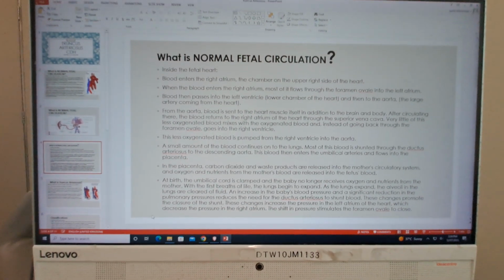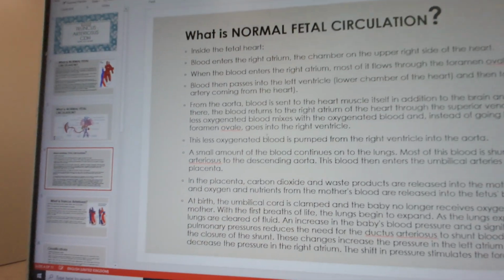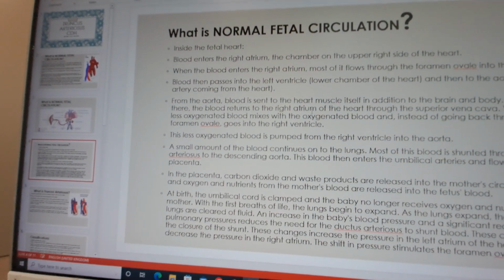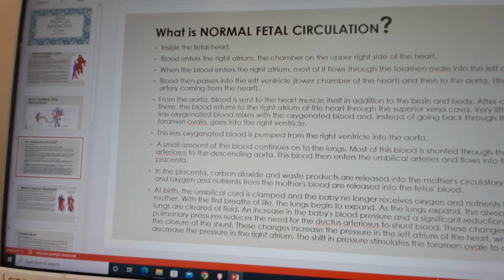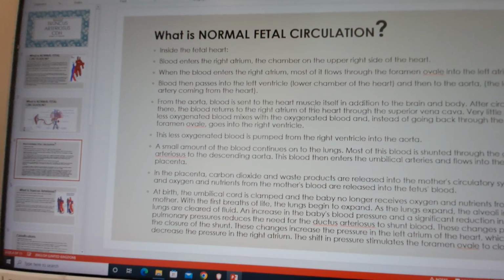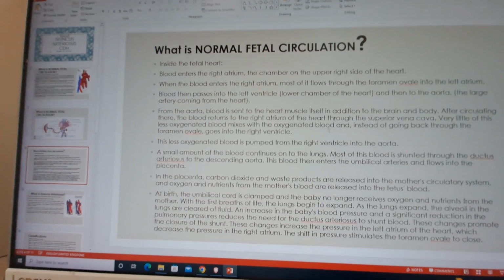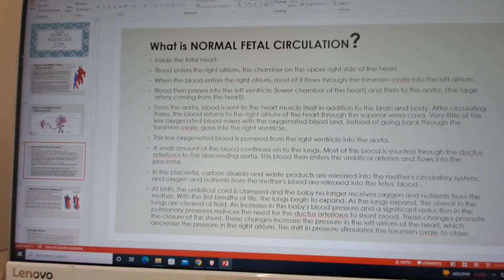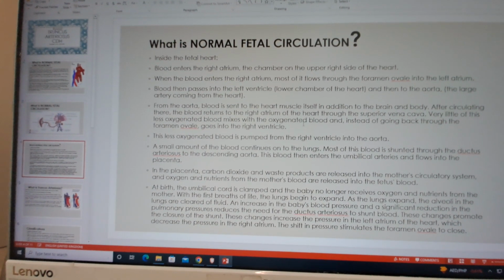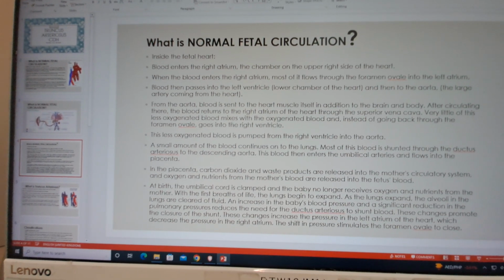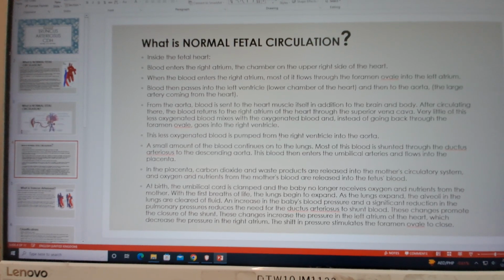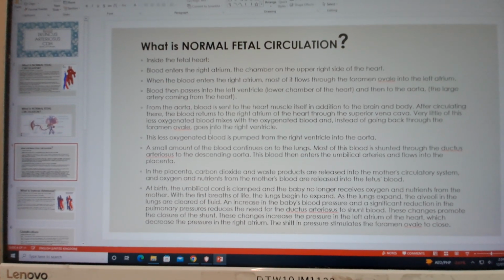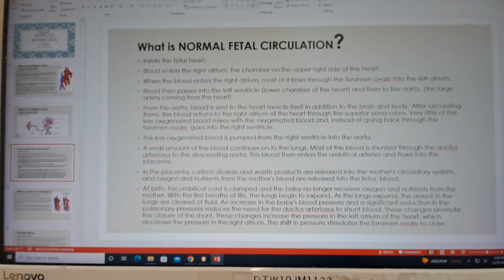From the aorta, the blood is sent to the heart muscle itself, in addition to the brain and the body. After circulating there, the blood returns into the right atrium of the heart through the superior vena cava. A very little of this less oxygenated blood is mixed with the deoxygenated blood and goes back through the foramen ovale and into the right ventricle.